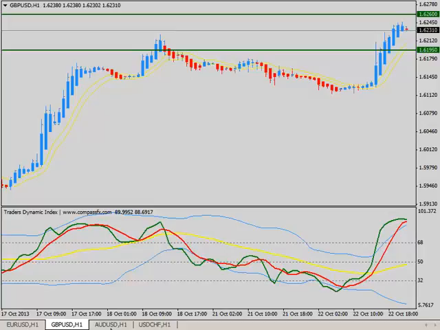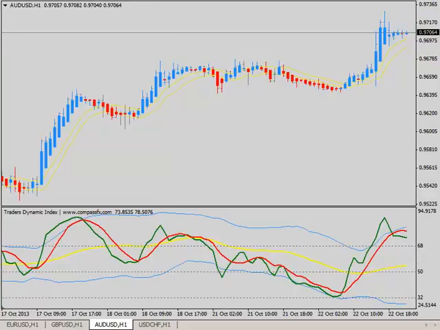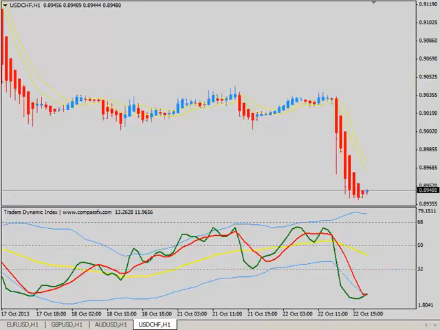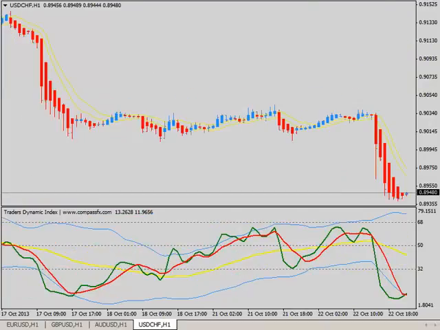Now, if you simply take a look at the Aussie dollar, very similar look. So I didn't talk about this one, but very similar look, and look what it did. It pushed up. So market pushed up, went kind of flat. Traders Dynamic Index came all the way back down to about the 50 level, even lower, and then boom, we got the pop out. And flip side of that, look at the Swiss here. The Swiss, similar situation, just in the opposite.